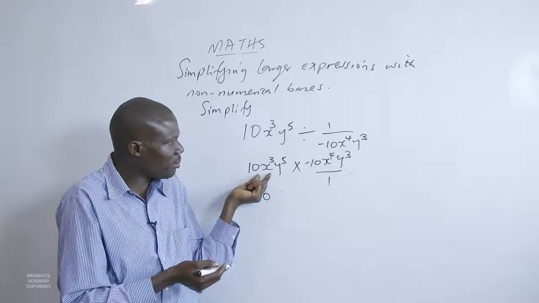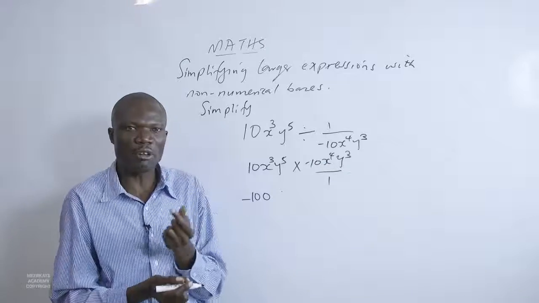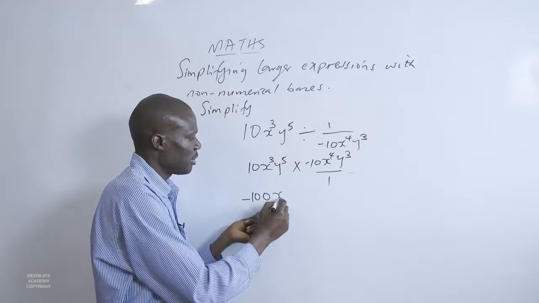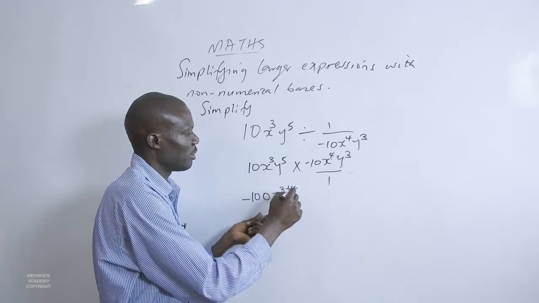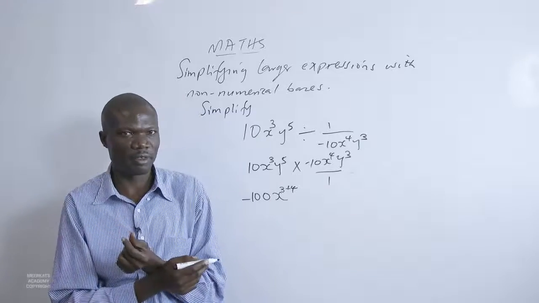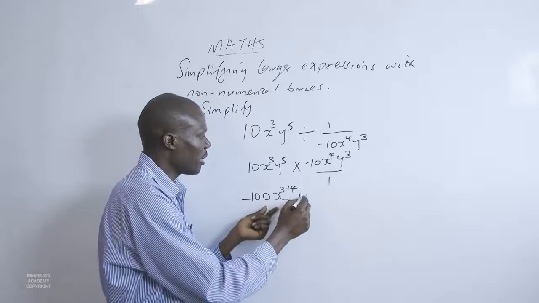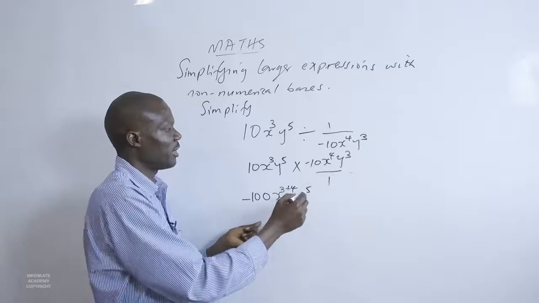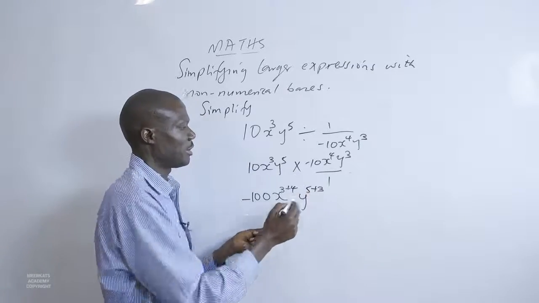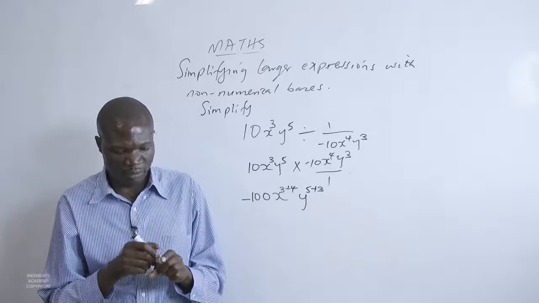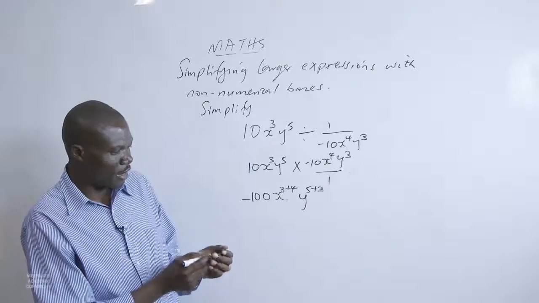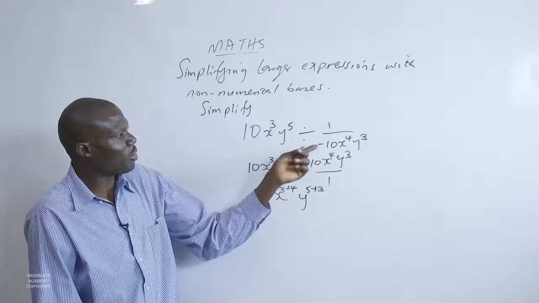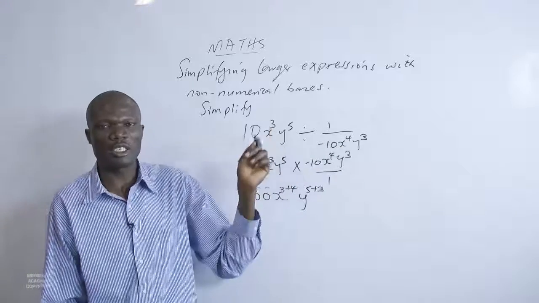Then x^3 times x^4 is x^(3+4). Then y^5 times y^3 we shall add. Before I finish that, someone will think that because this was the denominator, you start subtracting.